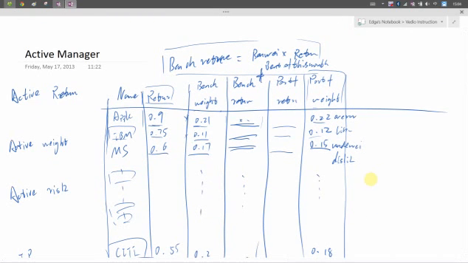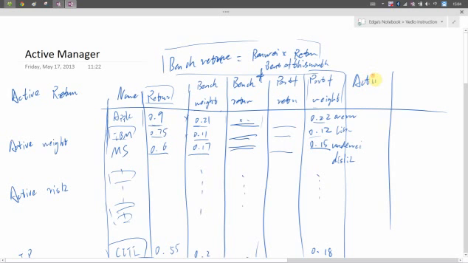So over here we could get our active return and active weight. Active weight is portfolio weight minus the benchmark weight. So here is 0.01, here is also 0.01.